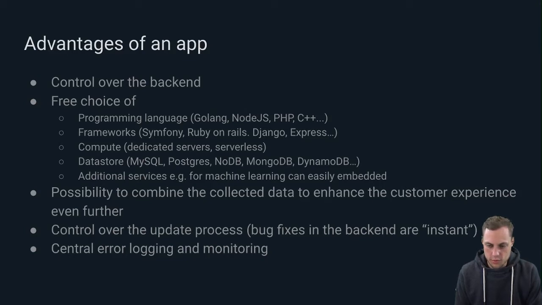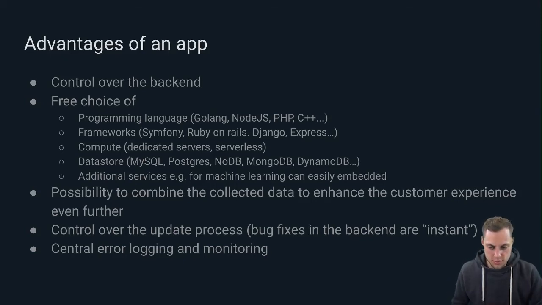You also have control over the update process, because with a plugin you can release an update and it's shown to the shop owner, but he has to install it. And from our experience, over time you have a very large distribution of versions.